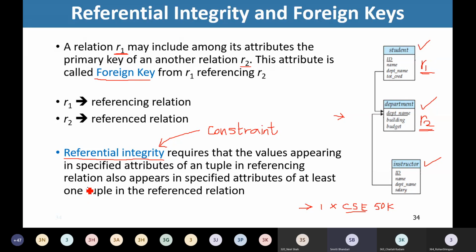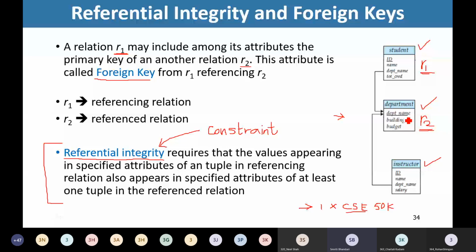So this can be demonstrated with this example. If I am inserting a tuple in the instructor table that includes department name as CSE, with department name being my foreign key, I am referring to the department table for this foreign key. So if I want to make use of this department name CSE, this CSE value should be present in my department table.